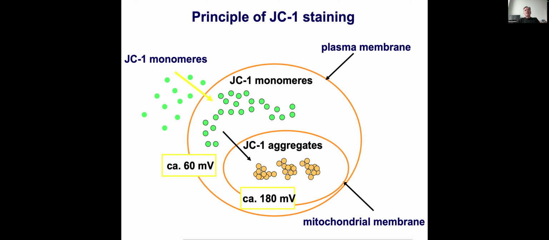And the interesting point is that in intact mitochondria, the negative membrane potential is very high, with minus 180 millivolt. In normal cells, not in the mitochondria, it's about minus 60 millivolt.